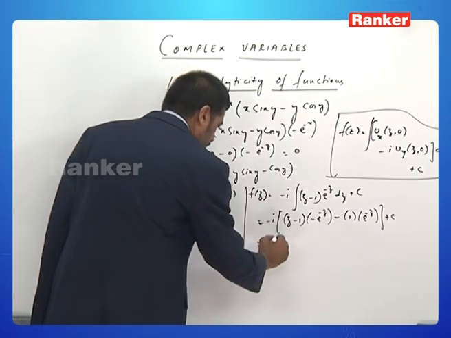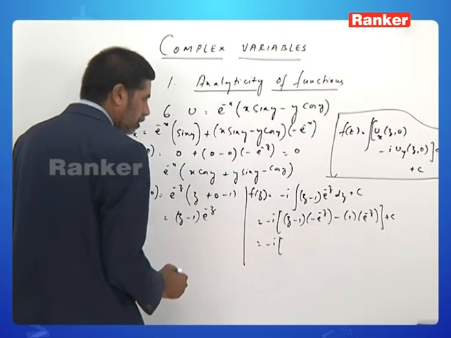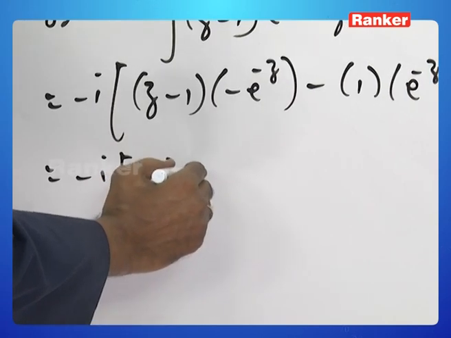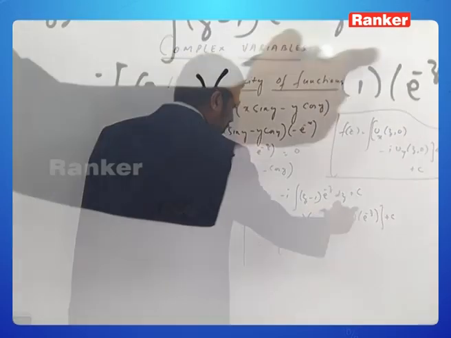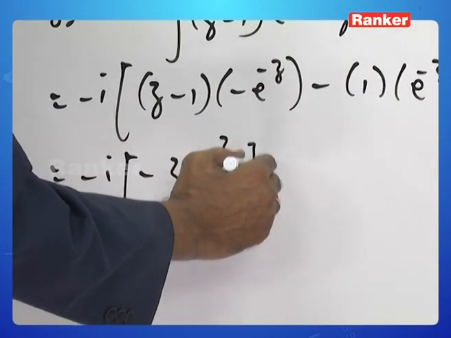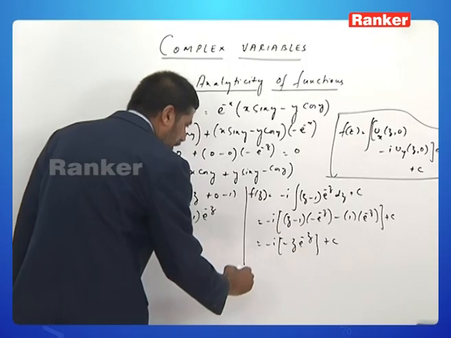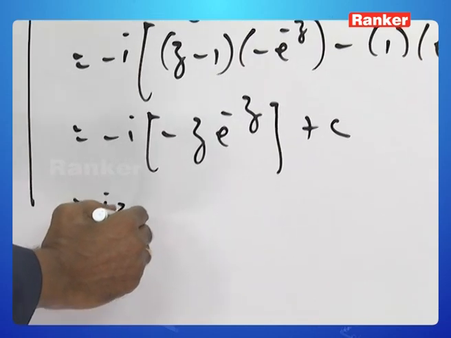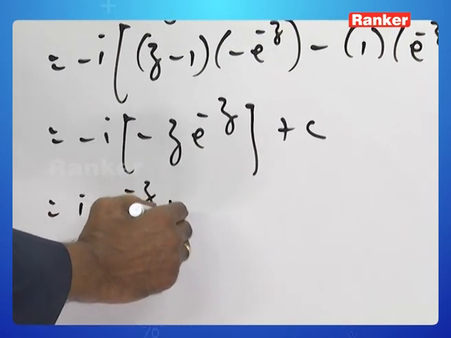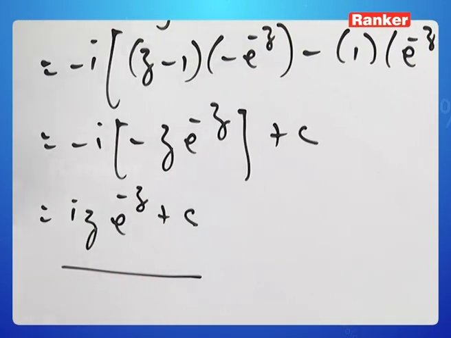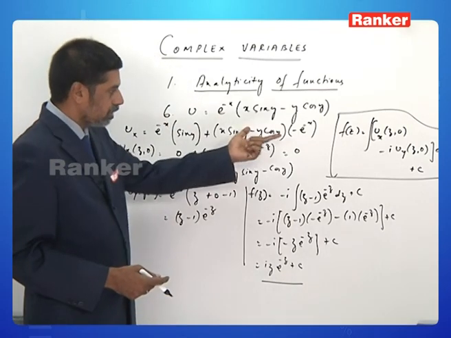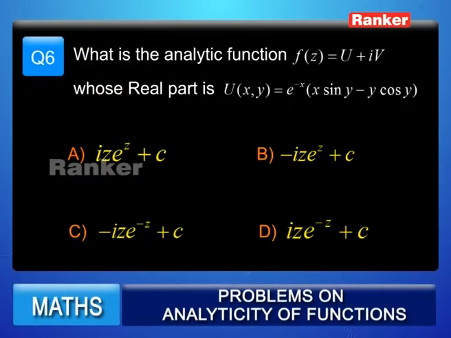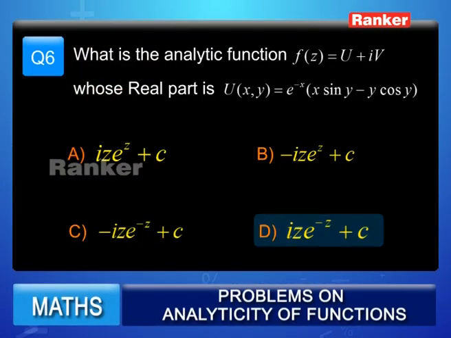So this will be minus i into minus z e power minus z, and of course plus e power minus z minus e power minus z will get cancelled, and you will get i z e power minus z plus constant. So this is the required analytic function given the real part through the Milne-Thomson formula, and you will find the correct option for this problem is D.